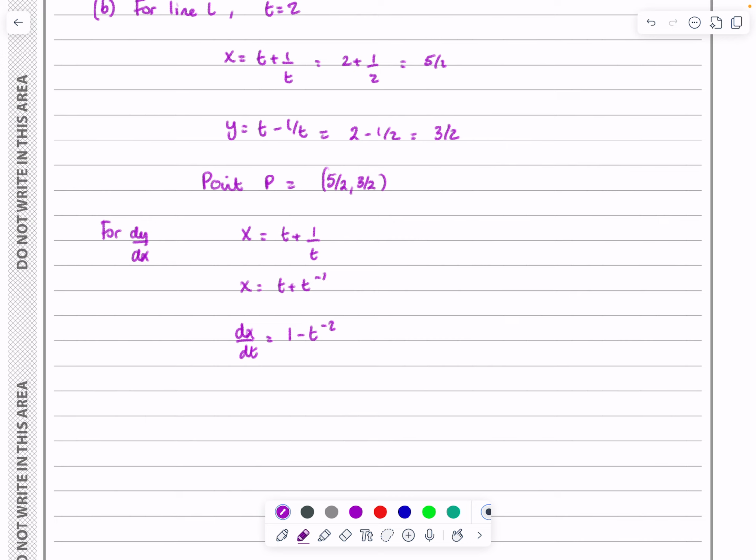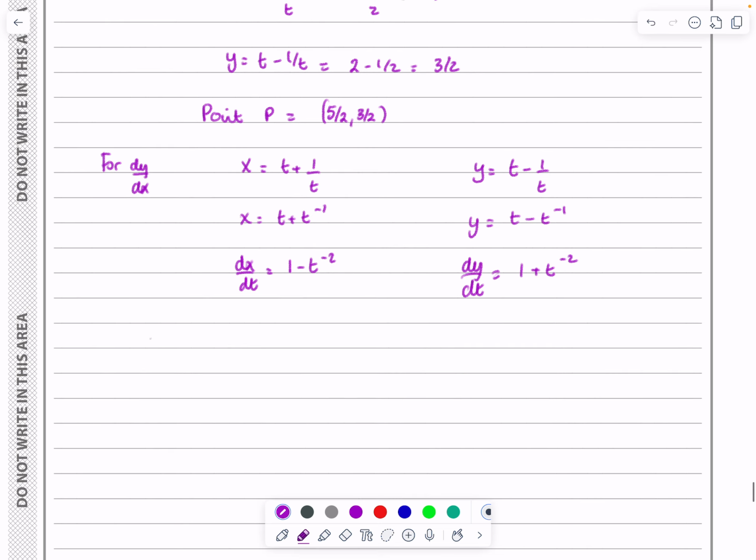Now over here, just to save myself a bit of space, I'm going to do exactly the same thing with y. So I've got y equals t minus 1 over t, y equals t minus t to the minus 1. So dy by dt is going to be 1, and then the minus times a minus makes that plus t to the minus 2. So dy by dx is dy by dt times dt by dx.